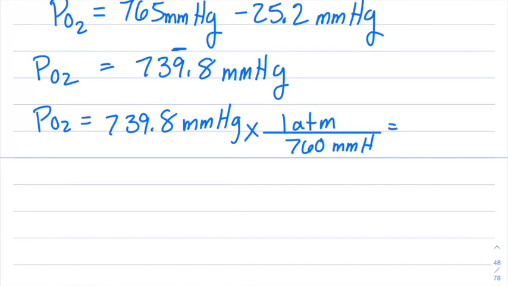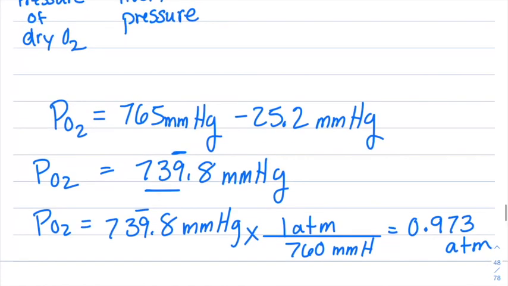And it looks like we're getting 0.973 ATM to 3 sig figs, because we really should have had 3 sig figs here. Okay, so any questions about anything I did here with removing the water from the total pressure?